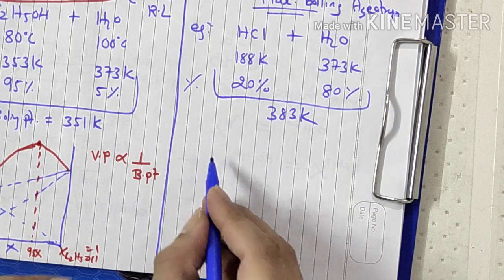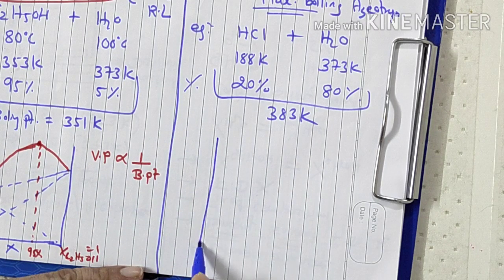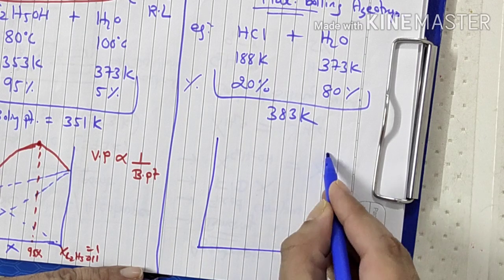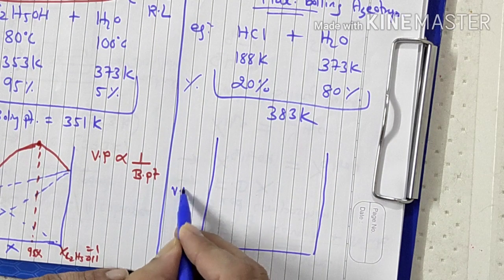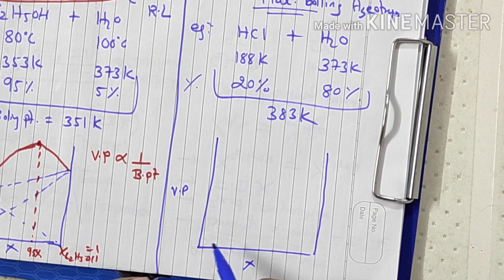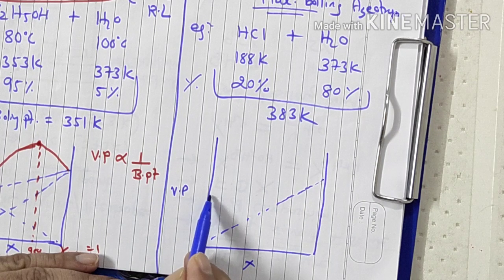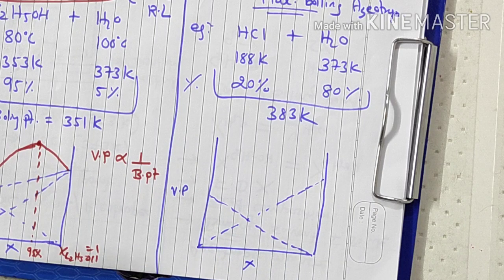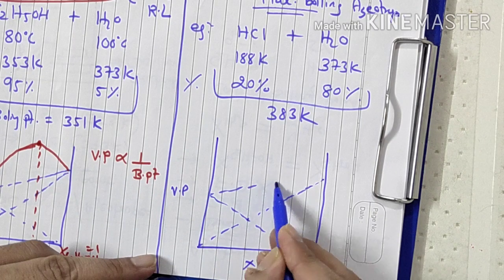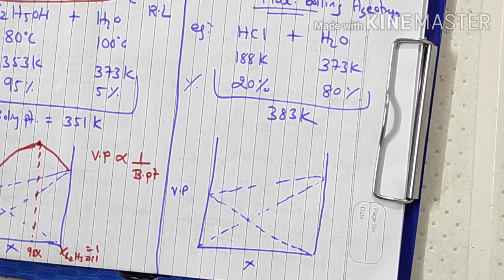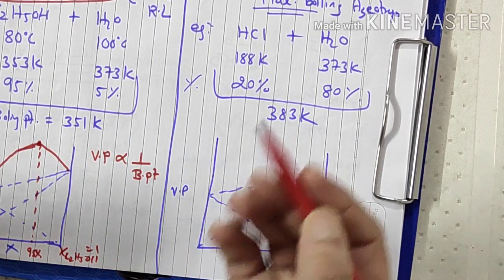Now let's see over here. In this case, if I draw the graph, same vapor pressure versus mole fraction. Suppose this is expected. This is expected one, but now the graph actually shows negative deviation.